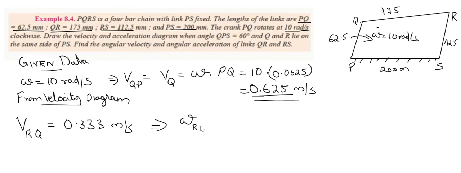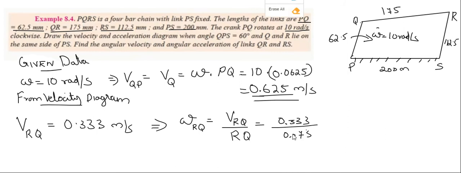Omega RQ, that is angular velocity, is equal to VRQ divided by the length of the link RQ in meters. So that will be 0.333 divided by length is 0.175 meters, 175 millimeter, or 0.175 meters. So let's write it properly. 0.175 meters. So that will give you along 1.9 radians per second.